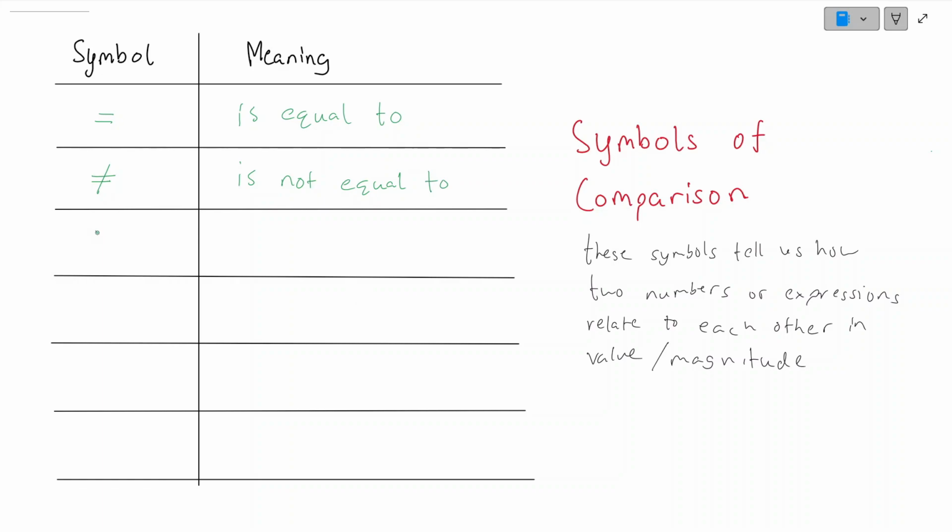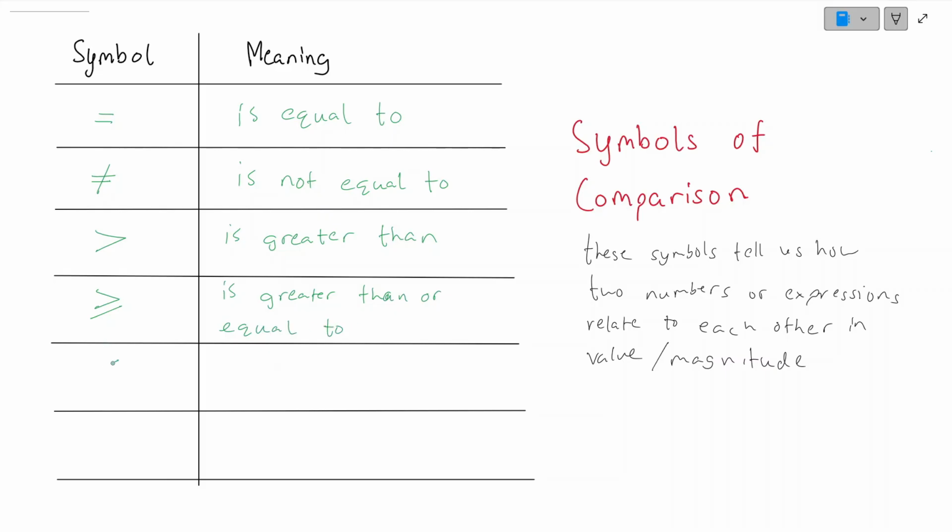And then we have this sign right here, which means is greater than. Then we have this symbol right here, which means is greater than or equal to.